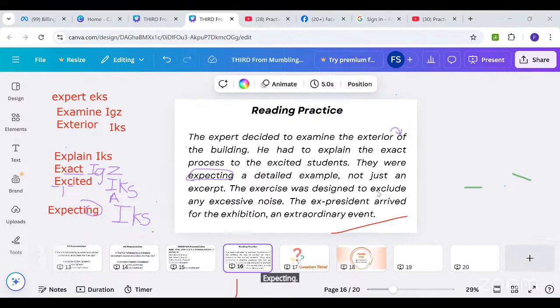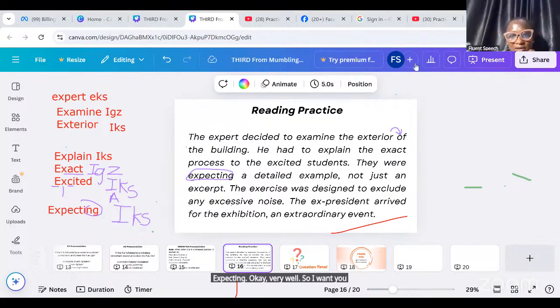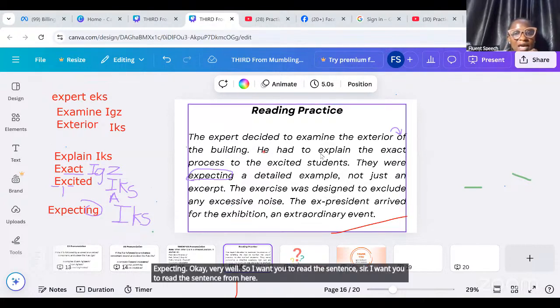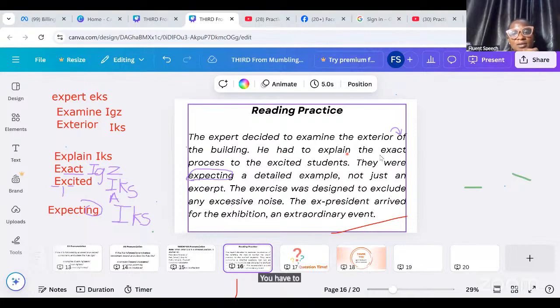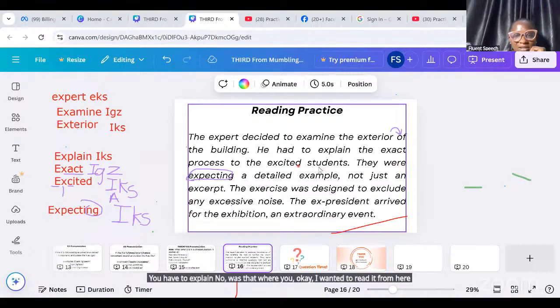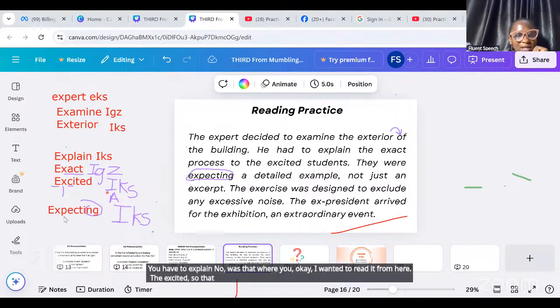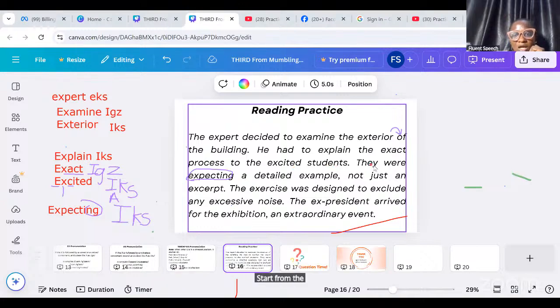Very well. So I want you to read the sentence from here, so that you can practice the words excited and expecting. Start from the excited students.